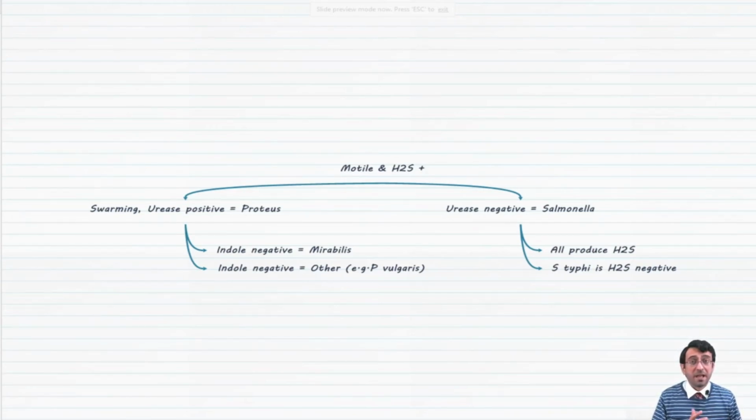That said, how do we distinguish the different Proteus pathogens from one another? Remember, among the Proteus pathogens, Proteus mirabilis is indole negative, while all the other Proteus bugs, which are more pathogenic, are indole positive. Now, how do we distinguish Proteus from Salmonella? It is very easy. Proteus is a urease producer, Salmonella is urease negative.